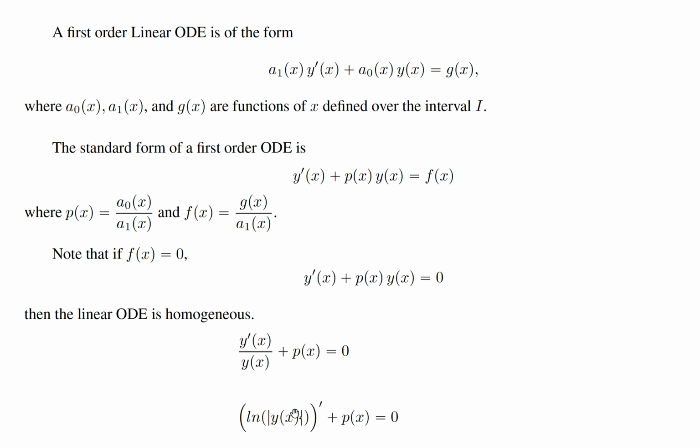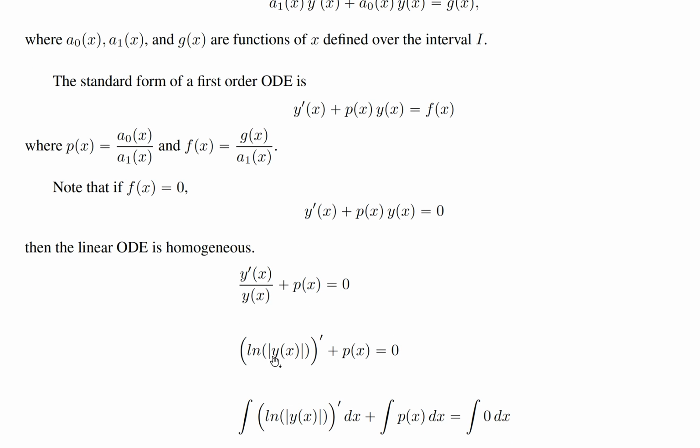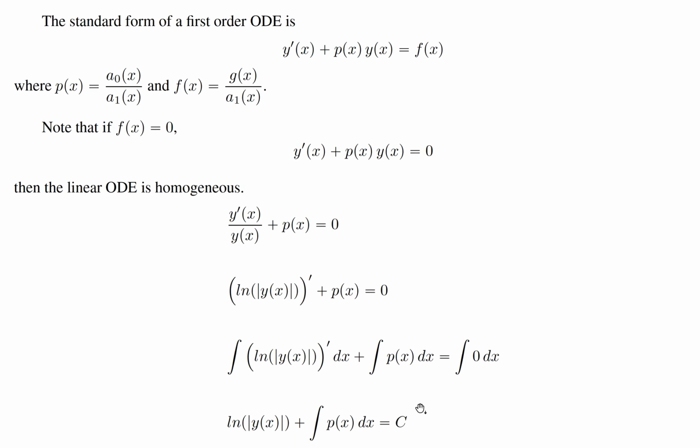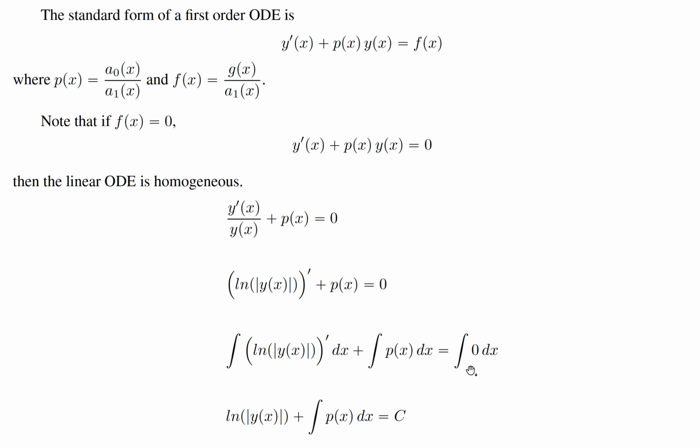We know that the antiderivative of the first term in here is nothing but ln of absolute value of y of x. We know that the antiderivative of 0 is a constant, some constant c. As for the antiderivative of the function p of x, this will depend on what the function p of x is.